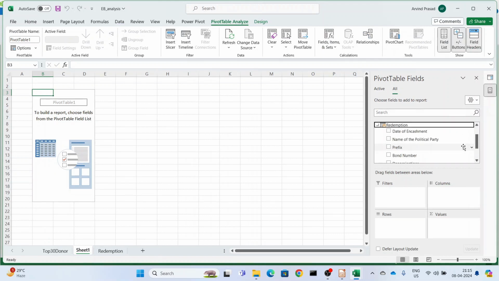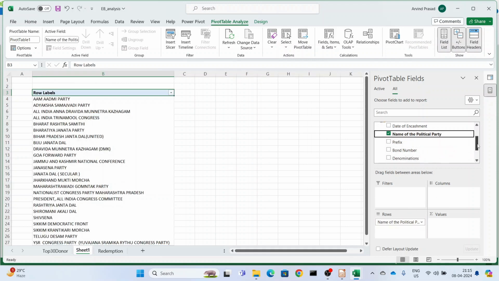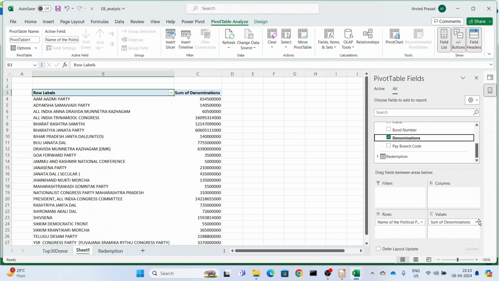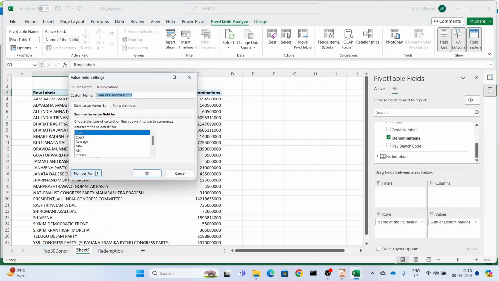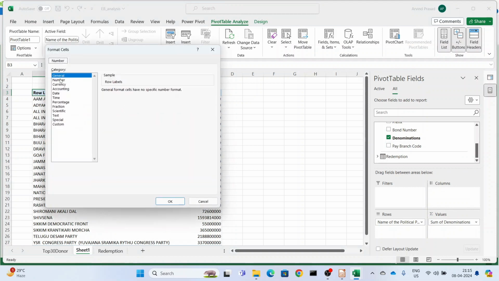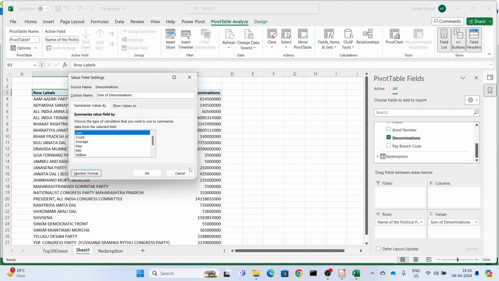Now we go to redemption, and in redemption we take name of the political party and put it in rows. And then we go to denominations, and there we are. Now denominations, once again we go to value field setting, number format, currency, reduce the decimals, and click OK.